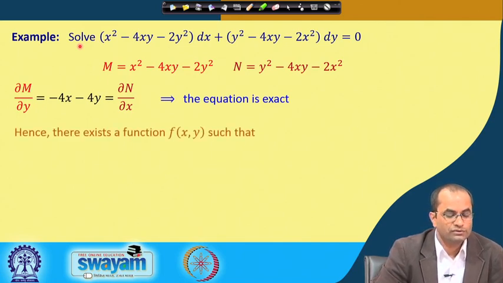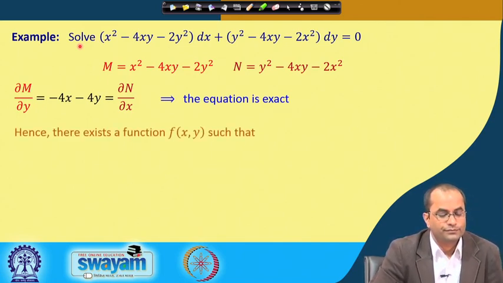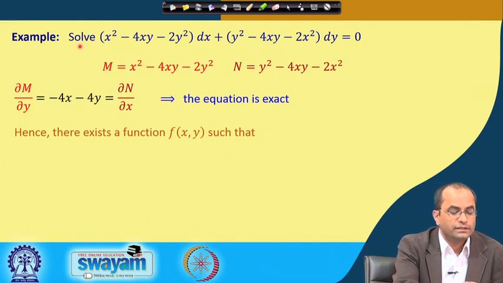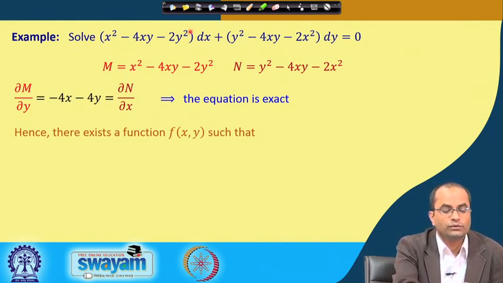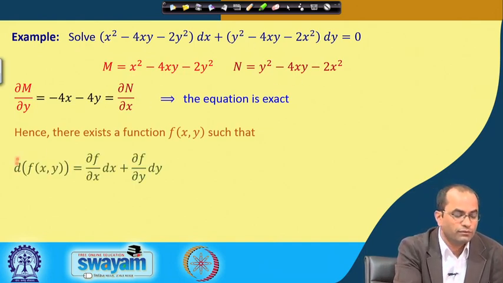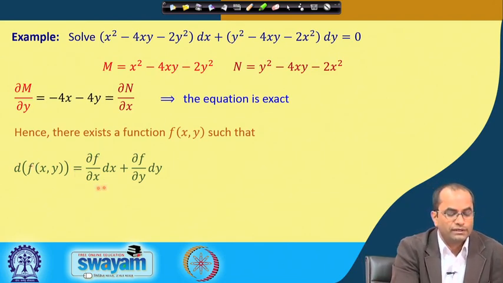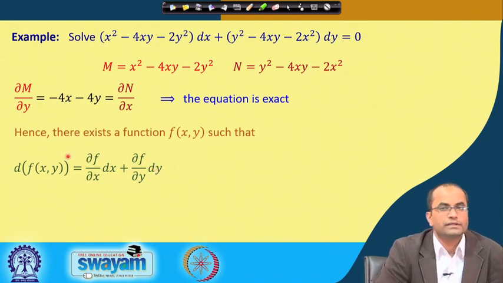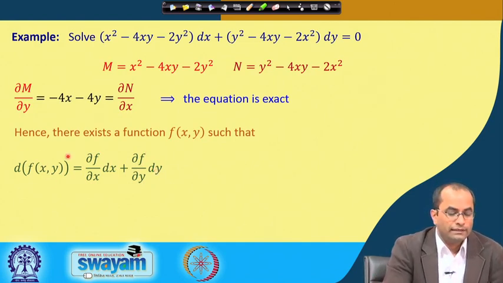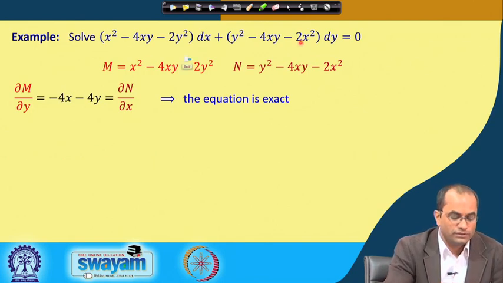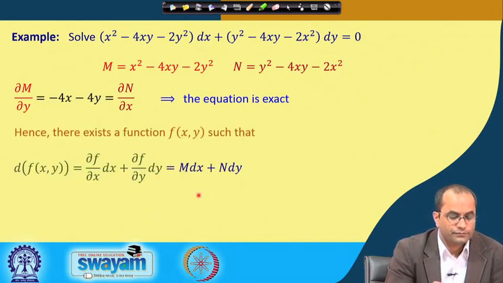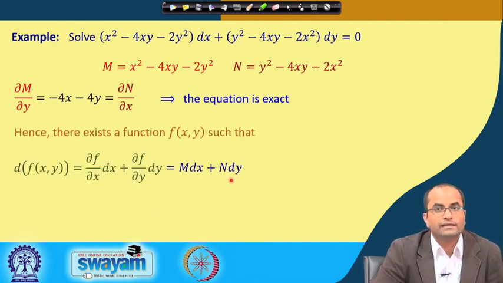And now, how to construct this f? So, the trick is here that we know that df is equal to this one. We know the formula for the differential of this function f is ∂f/∂x dx plus ∂f/∂y dy, that is the differential of this f. And this must be equal to this given M dx plus N dy.